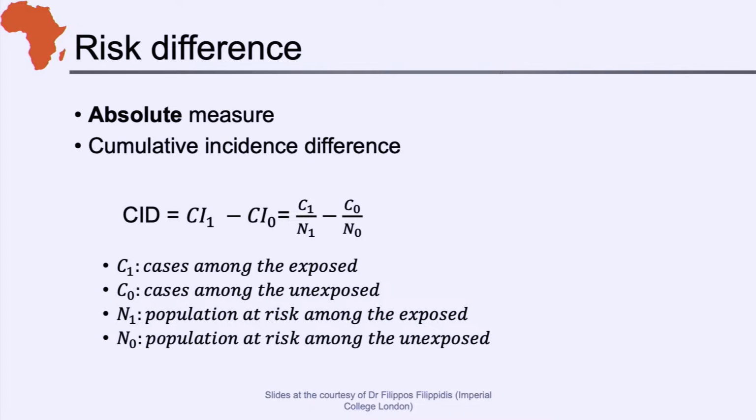Looking at the risk difference, CI1 is the cumulative incidence of those exposed to the treatment or to the disease minus the cumulative incidence of those unexposed or not having the treatment, and that would be basically the cumulative incidence difference, so the risk difference.